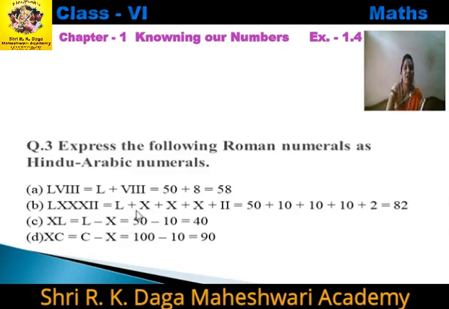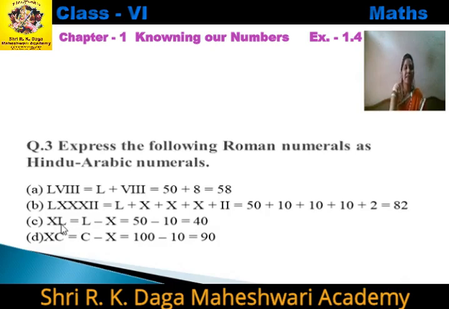Then for every X, we will write 10, and in the place of double I, we will write 2. And when we find the sum of these numbers, we get 82.